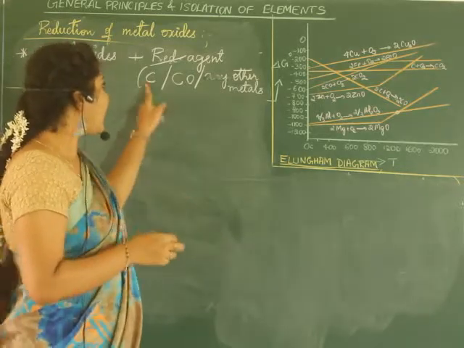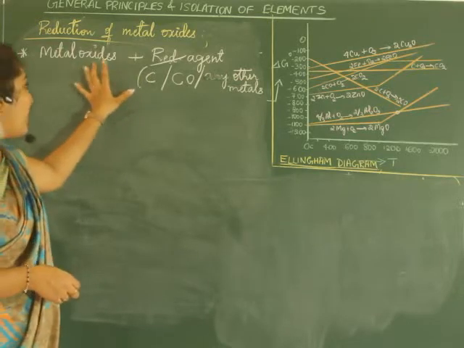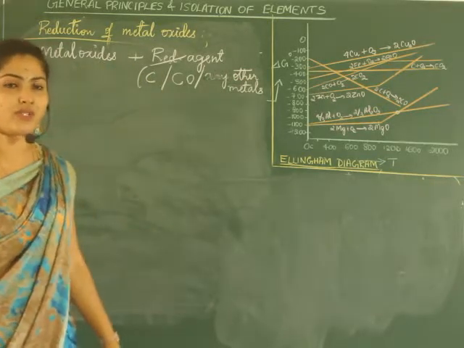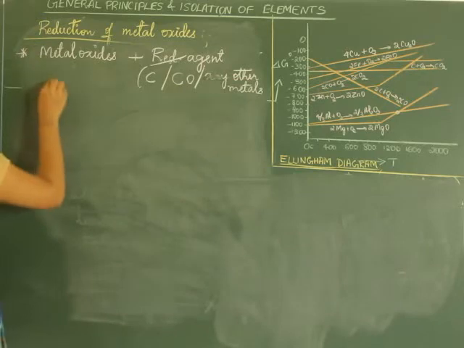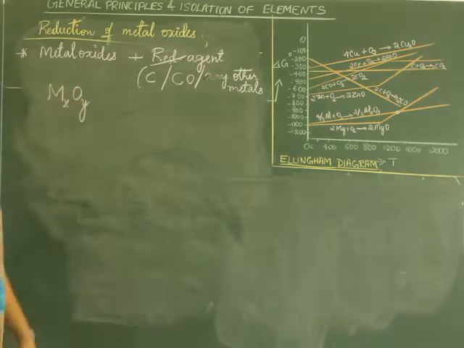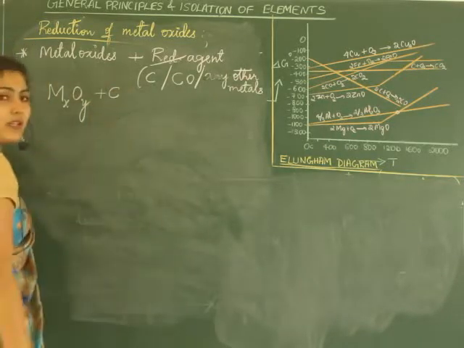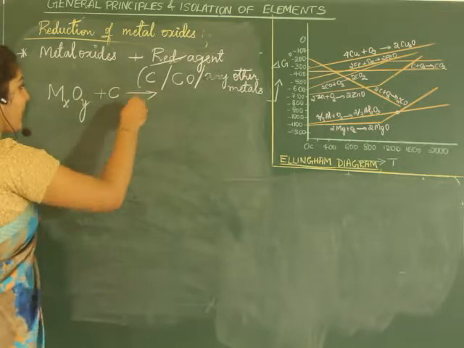In general, let me tell you how the reaction looks when a metal oxide reacts with a reducing agent. Say the metal oxide in general is MxOy, and coke is the reducing agent.